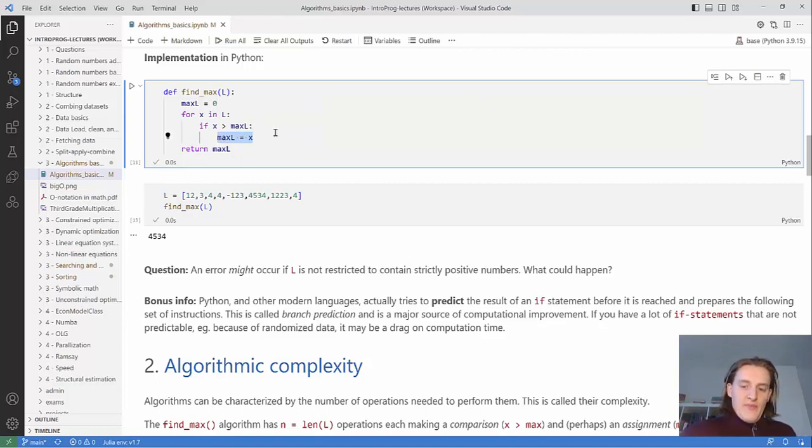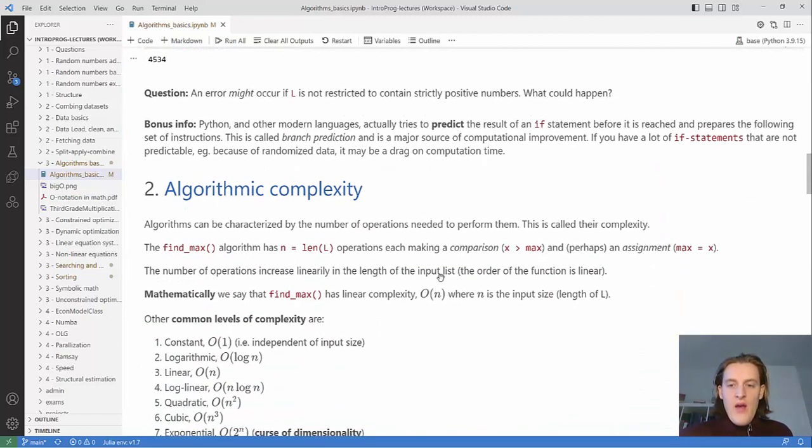And you still, we'll get to that. So basically you have n operations because you're comparing each element in the list to the maxL variable.